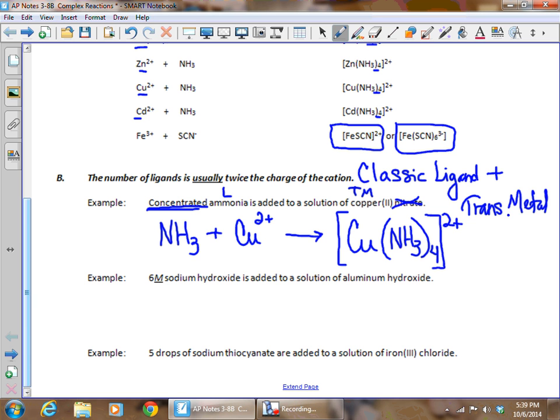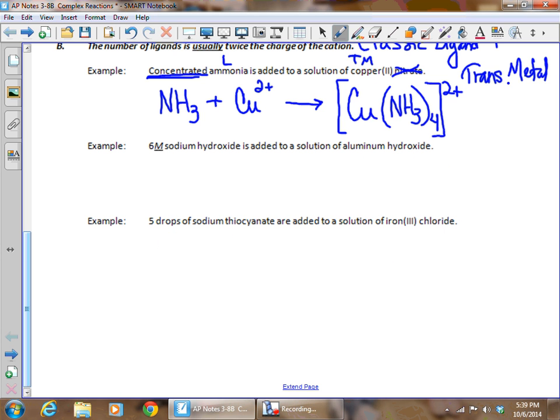Now occasionally you'll see AP not put brackets around their simpler complex ions, if that makes sense, but I always do. I don't like to see any kind of coordination sphere without brackets around it. Now, in order to balance this, make sure you put in that 4 with the ammonia so that you'll have it balanced.